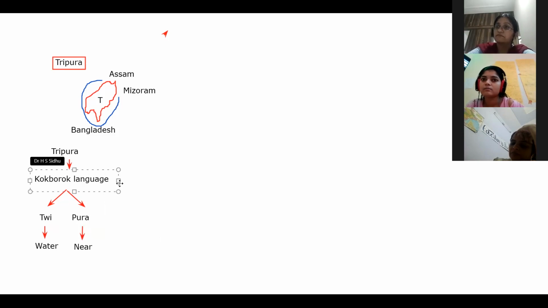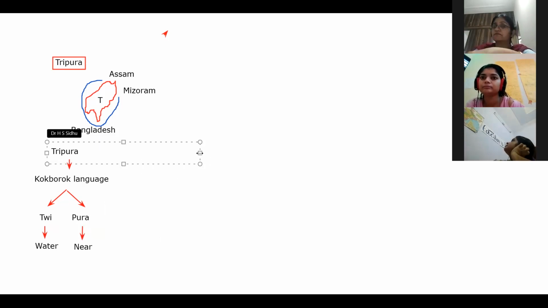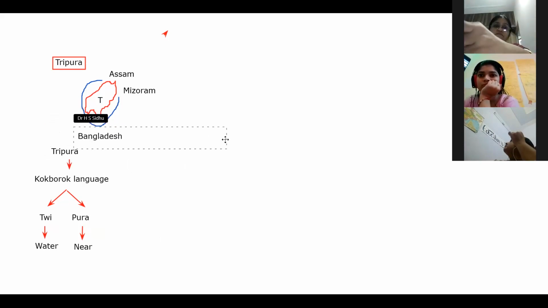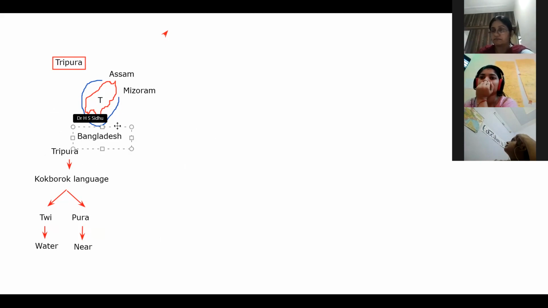Okay, so this is the logic behind why that state got this name. It is important to remember. The next important point is where the state is located.